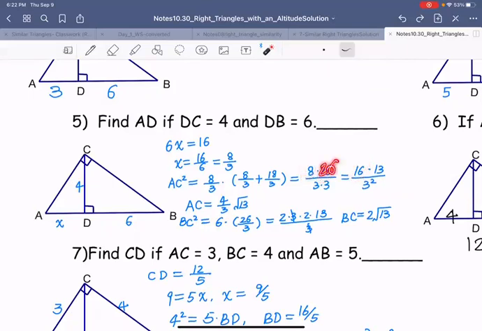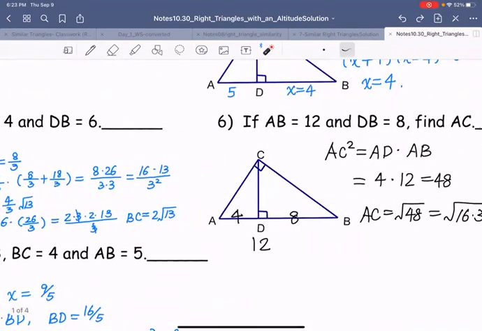So 26, you take out 2, give you 16, and then you have 13. And we do the square root, that's 4 over 3 times square root 13. Makes sense? Yes. Valeria, BC, you got the same answer? Yes. Good.